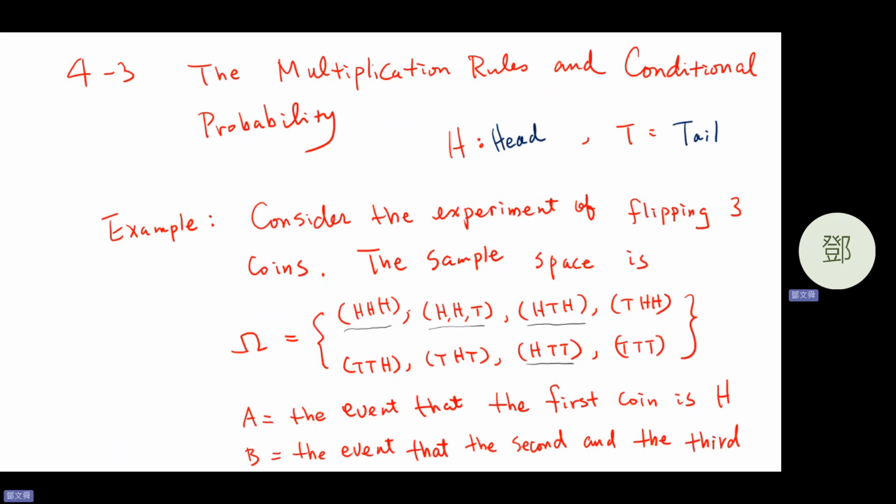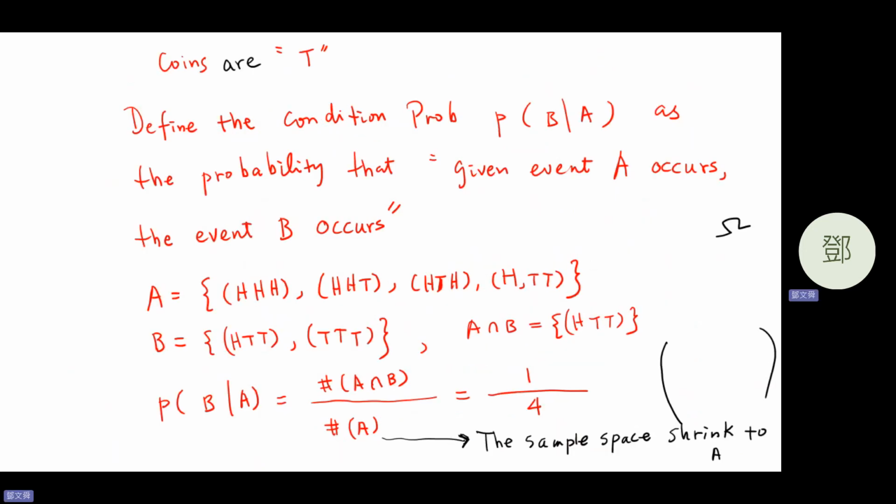So what is A? Now let us define the conditional probability.